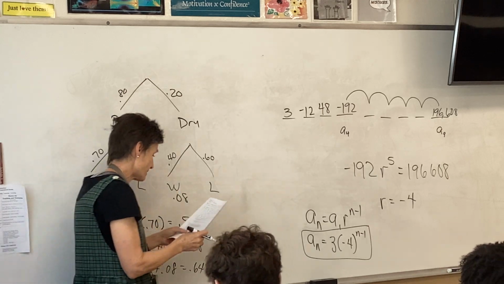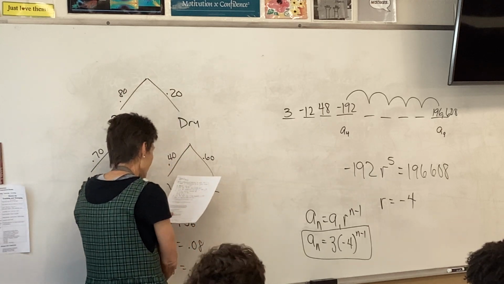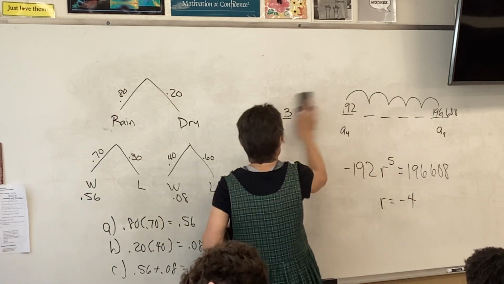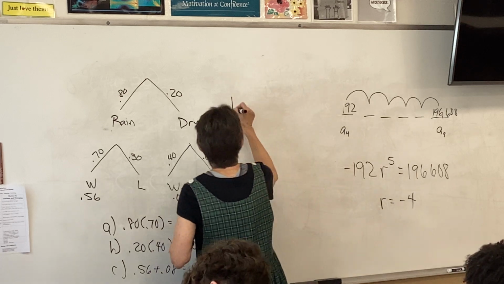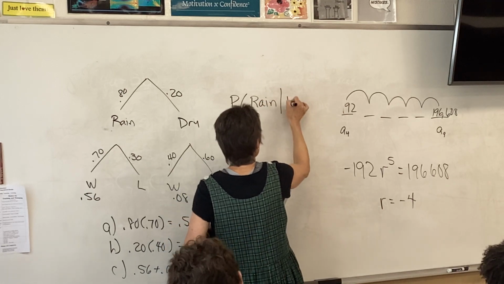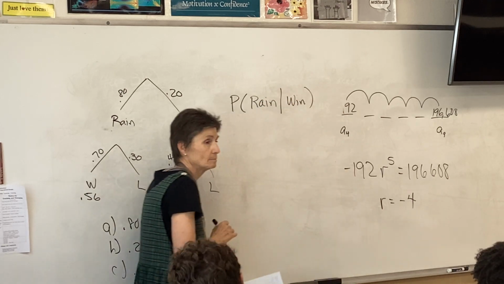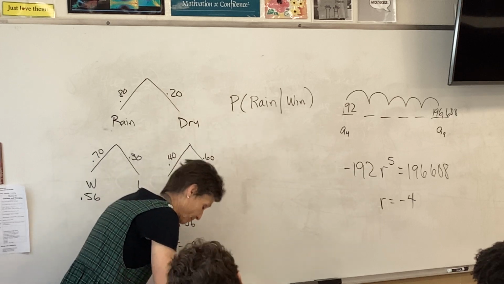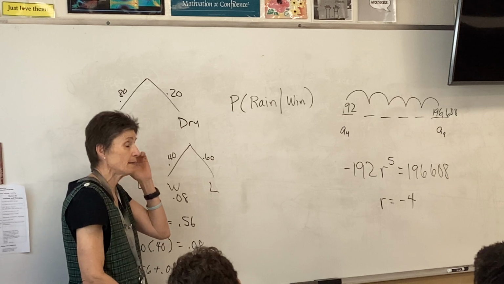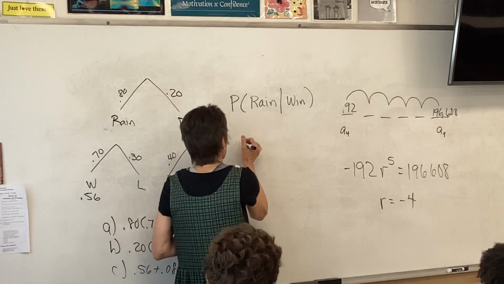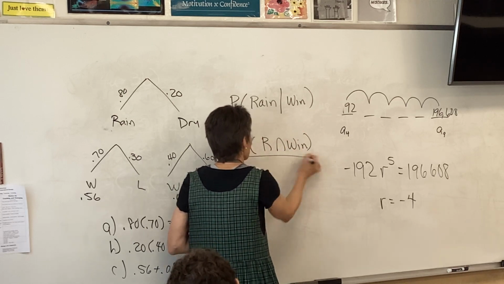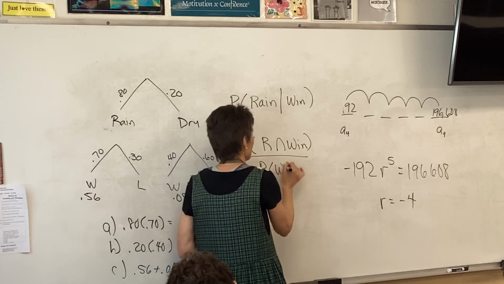And then it says, what's the probability that the track was wet given that she won? So, in my vocabulary, that will be rain given that she won. All right, and we have a little formula for that. It's called conditional probability. We take the probability of both, rain and win, over the total probability of win.